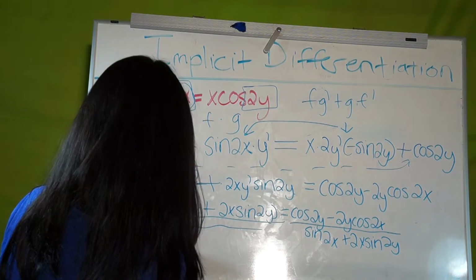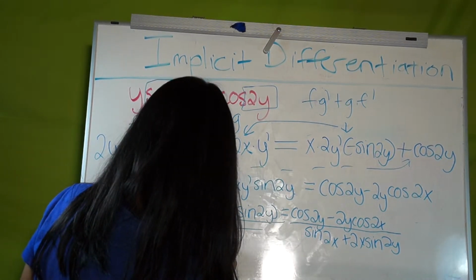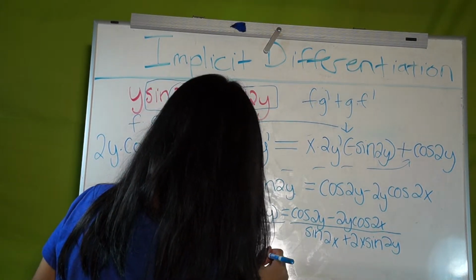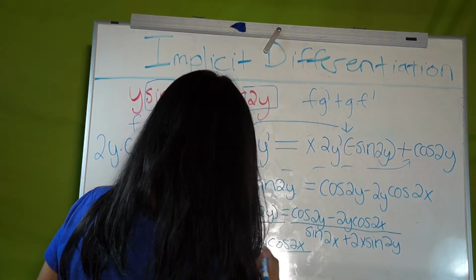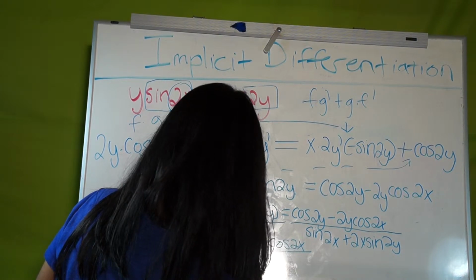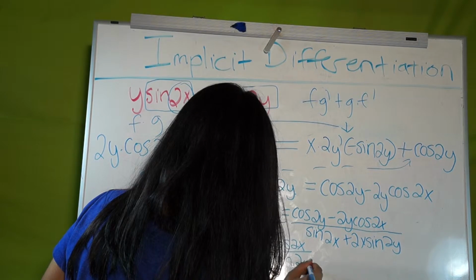And the final answer you're left with is cosine 2y minus 2y cosine 2x all over sine 2x plus 2x sine 2y.